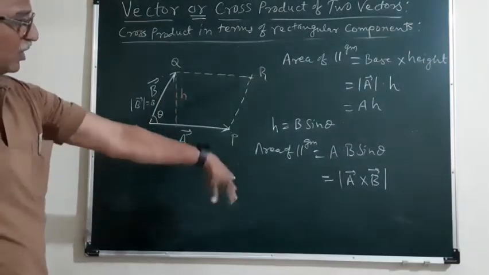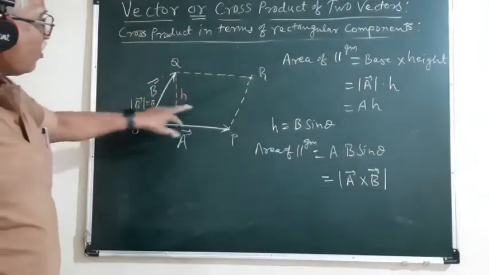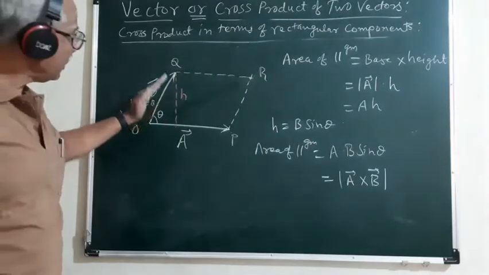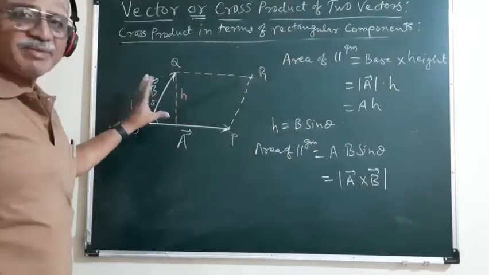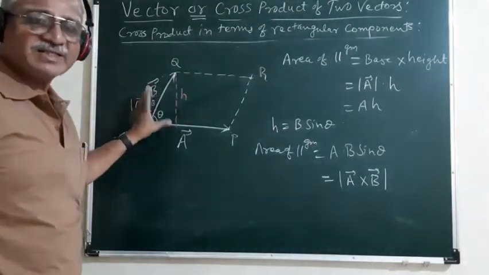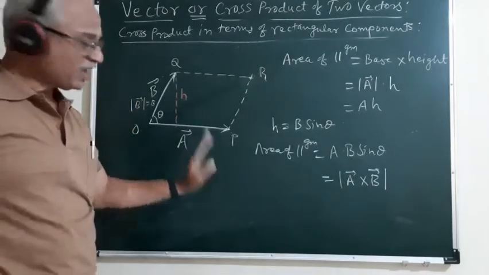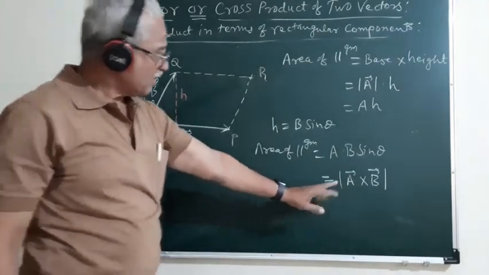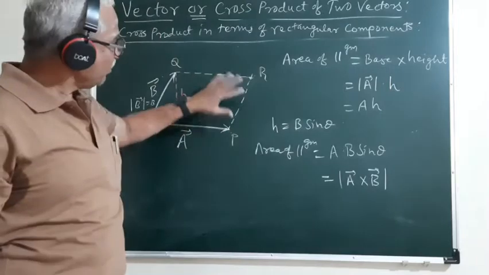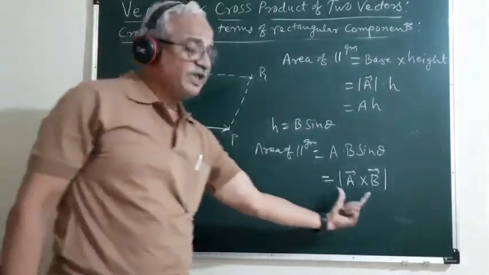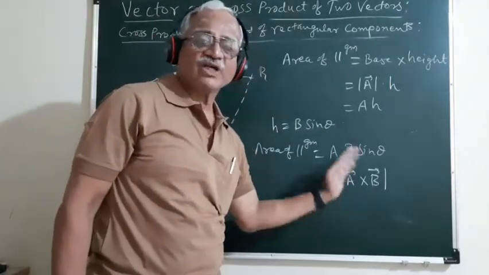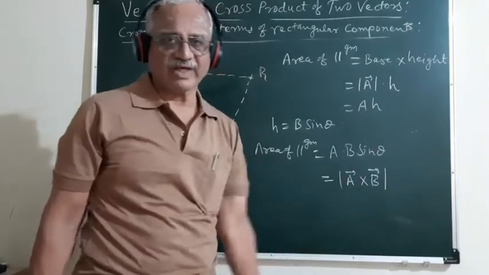So what we observe is that the area of this parallelogram formed by the two given vectors A bar and B bar as the two adjacent sides is nothing but equal to the magnitude of the cross product of two given vectors.